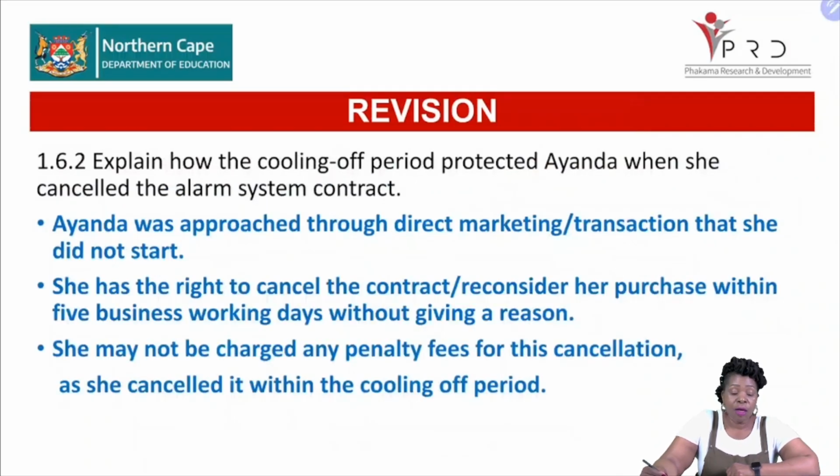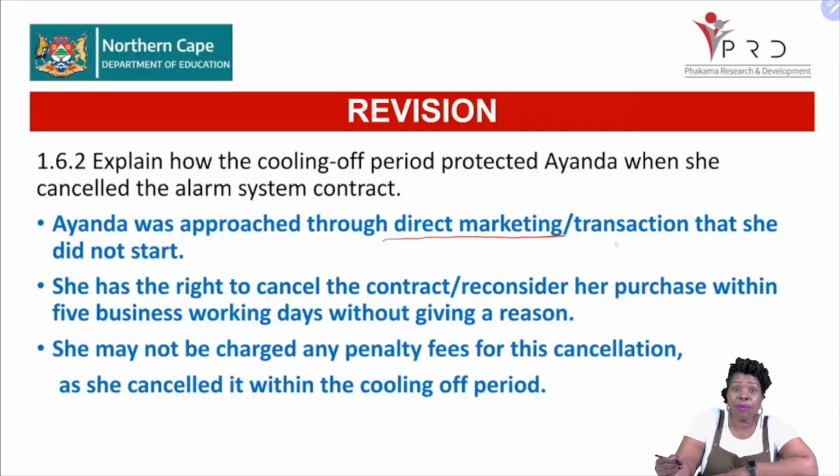And then 1.6.2 says explain how the cooling off period protected Ayanda when she cancelled the alarm system contract, right? So Ayanda was approached through what we call direct marketing. This is a transaction that she did not start herself, but it was started by the sales representative, right?